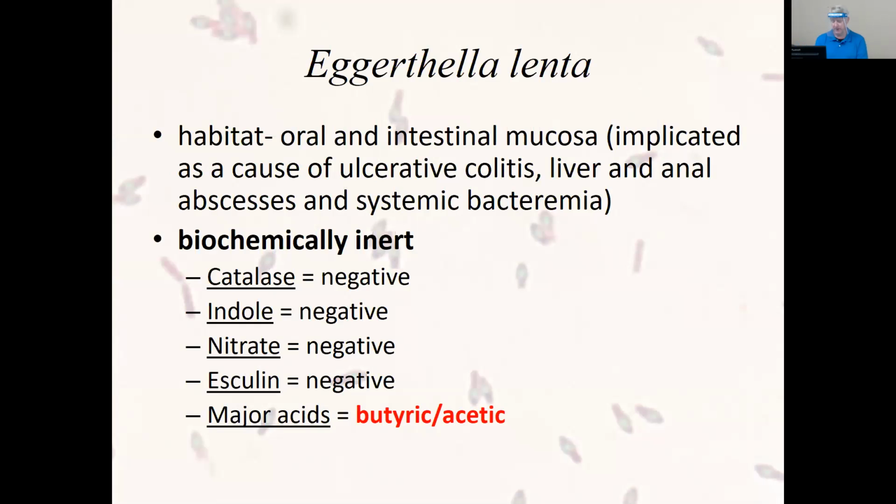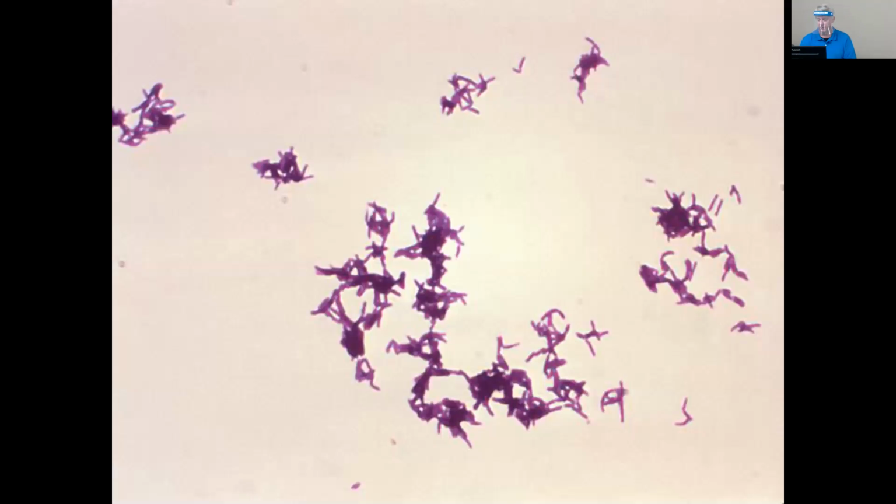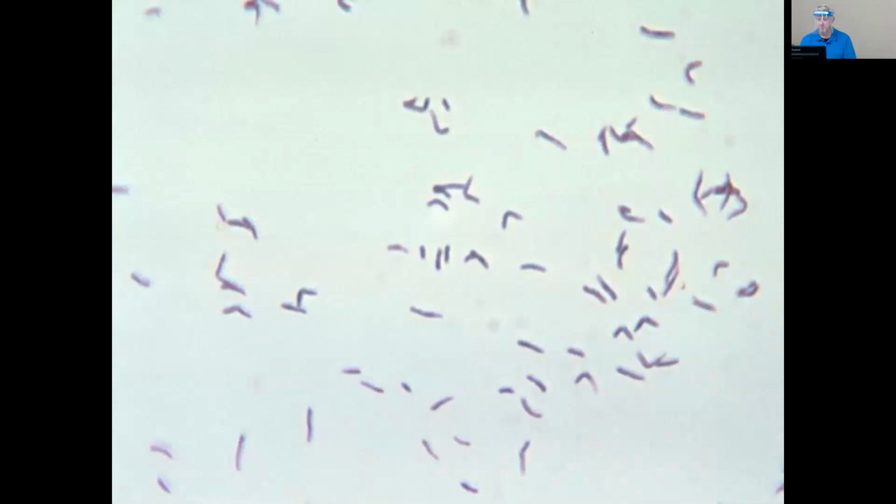Catalase negative, indole negative, nitrate negative, esculin negative, unlike our Bifidobacterium that we had earlier. The major acids are butyric and acetic acid production. Definitely has some wings in some of those.